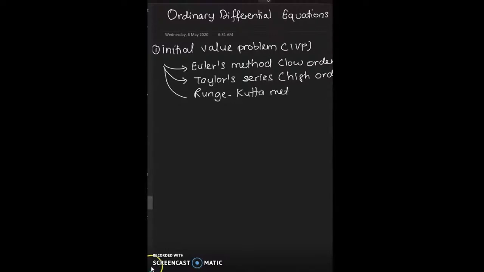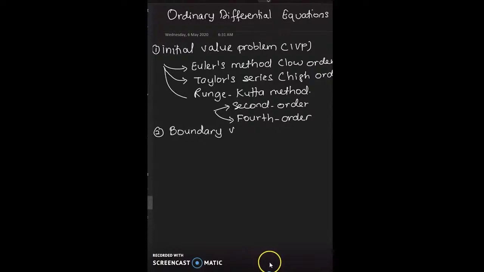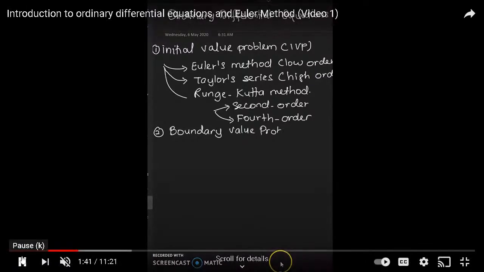The other method is Runge-Kutta. The Runge-Kutta method is very good because it involves simpler computation compared to the Taylor method. The Taylor method is complex because it involves the first derivative, second order derivative, third order derivative. But Runge-Kutta puts the higher order derivatives in a simple term.